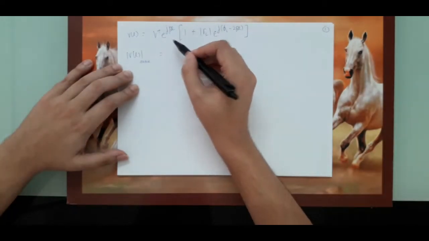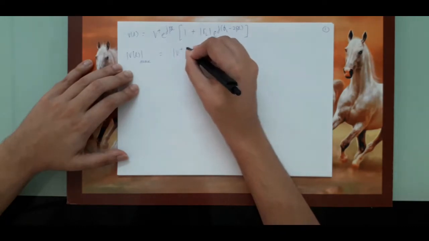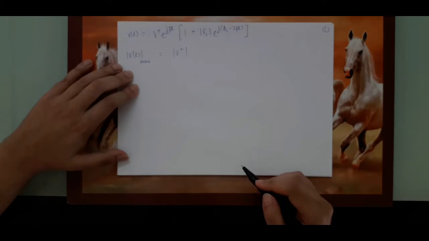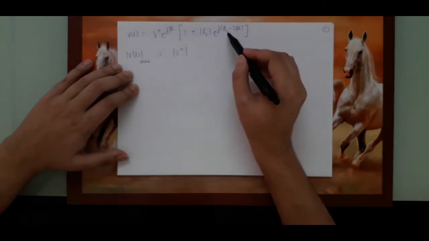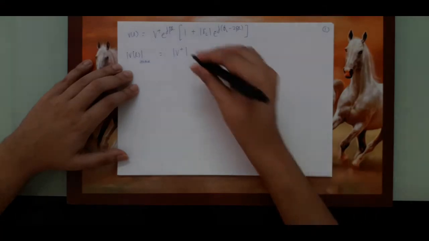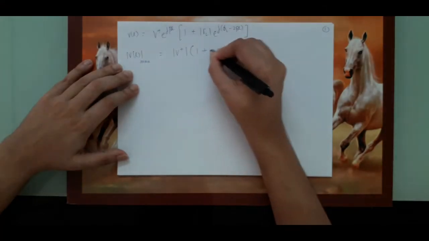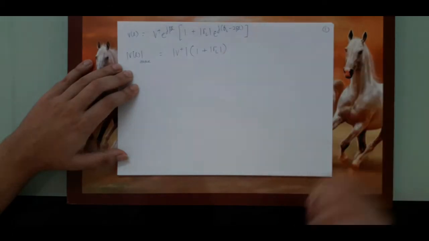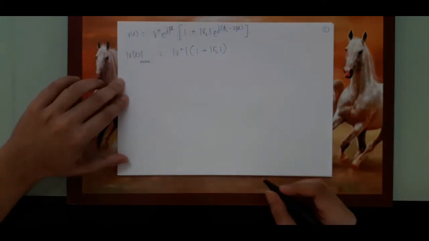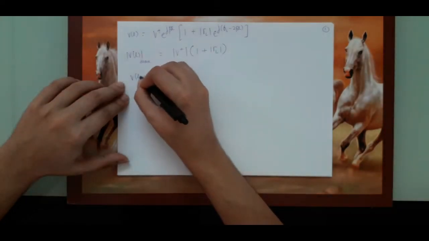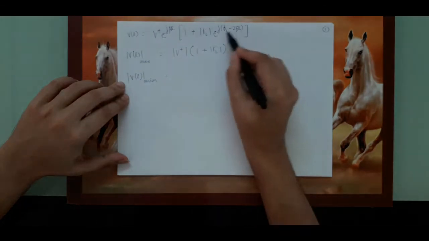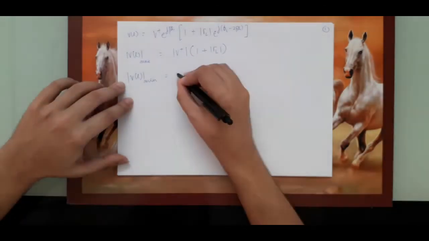This complex exponential will become a 1, V plus, and if you substitute this phase as any even multiple of pi, then this will be nothing but 1 plus mod of gamma L. This is the magnitude maxima of VL. Similarly, the minima will be obtained when you substitute this angle with any odd multiple of pi, and you will get V plus times 1 minus mod of gamma L.